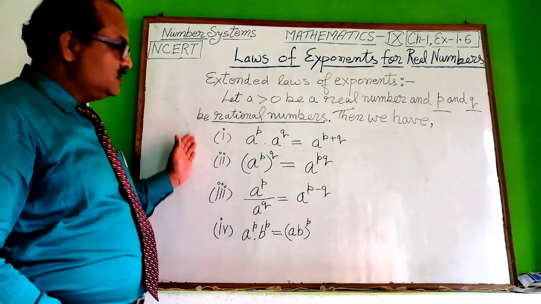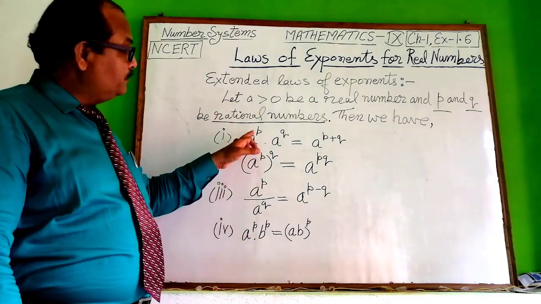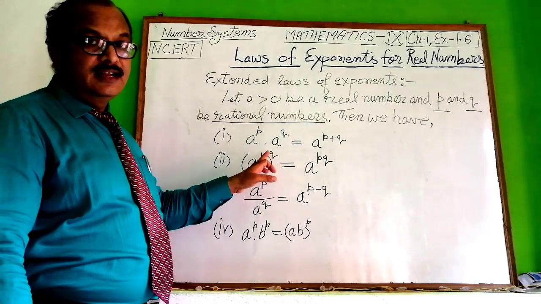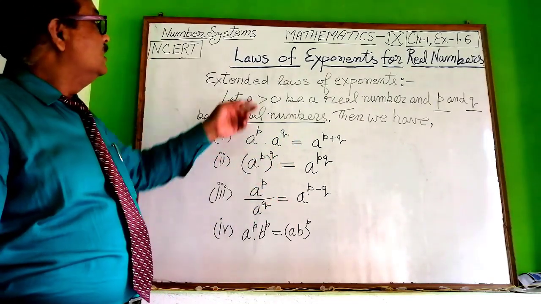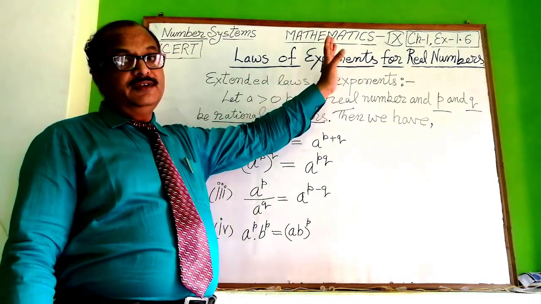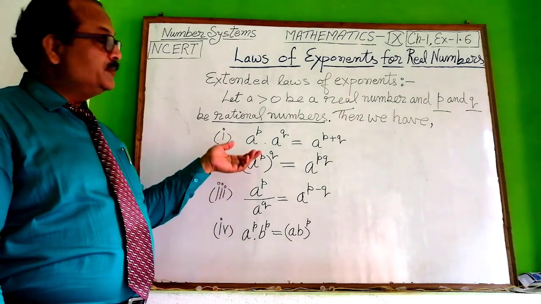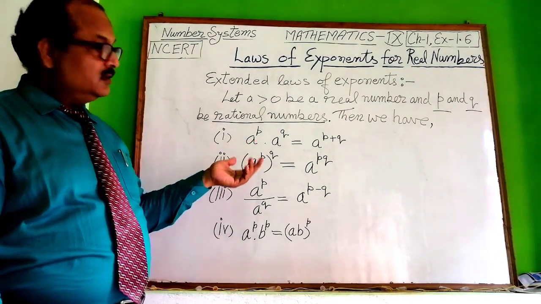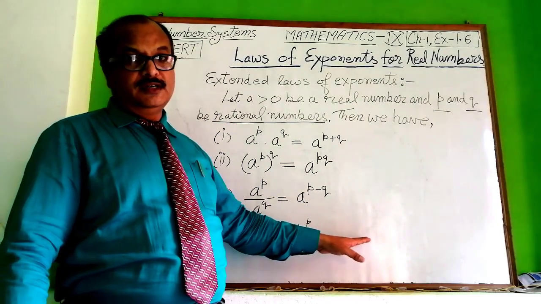Actually all these rules you had previously, but here p and q are rational numbers. In the previous laws of exponents, I had taken the exponents as natural numbers. So all these rules are also true for rational numbers.